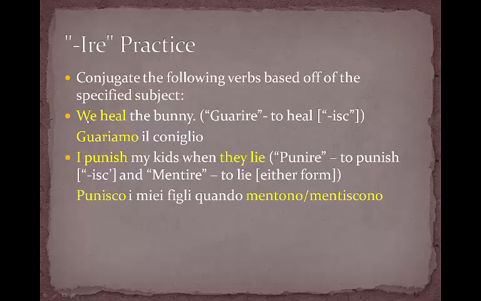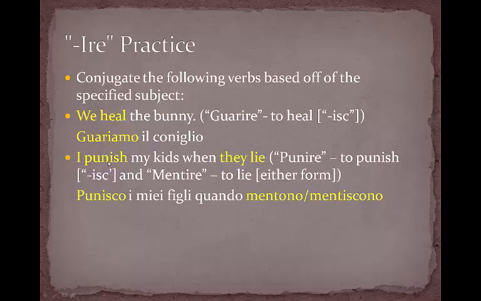But let's run through it anyway. So, we heal. Guarire, like I just said earlier, means to heal. It's an isc verb, but because it's the we form, noi, it's just going to be like a regular IRE verb, guariamo. But if it were first person singular, guarisco.